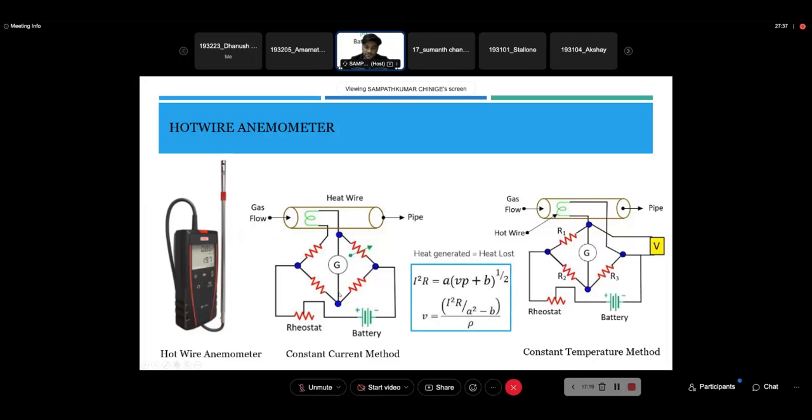We have a Wheatstone bridge circuit, which I assume you know, a rheostat for changing the resistance of the circuit, and a battery for supplying power. The galvanometer measures the current flowing in the circuit. In the constant current method, the supply current that you send through the circuit is constant.